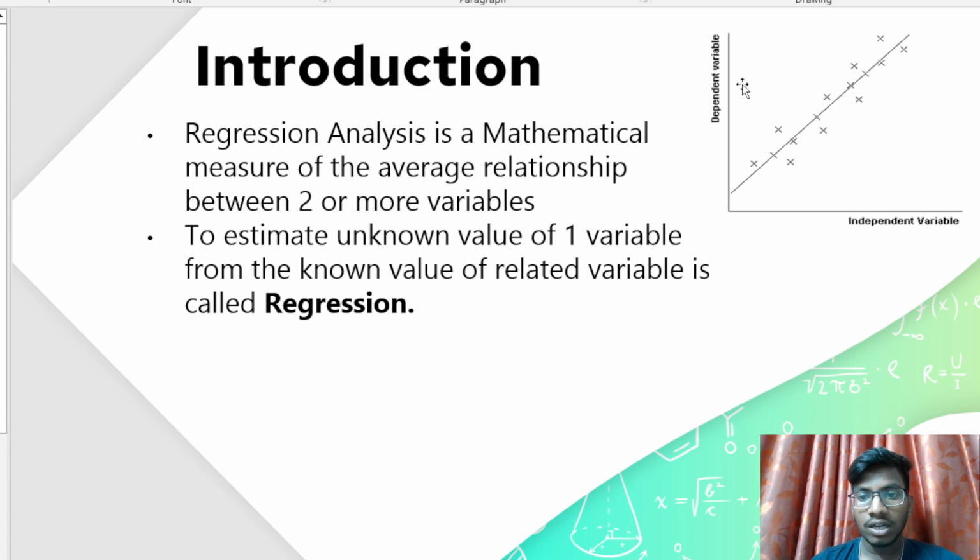Here we can see in the graph how the dependent variable varies with the independent variable. The X marks are the plotted points, and the straight line shows the relationship between how the two variables are interrelated. They are interrelated linearly, so it is known as linear regression.